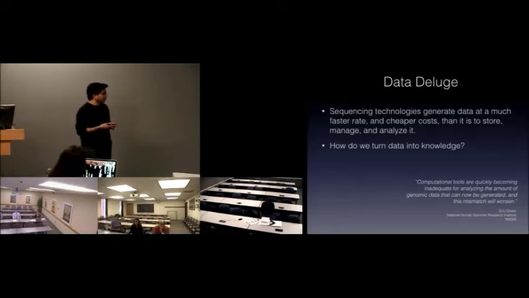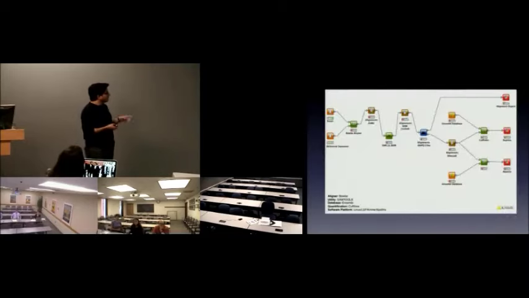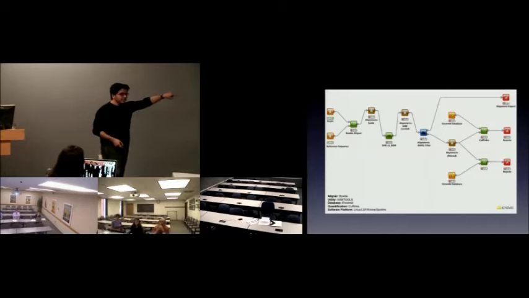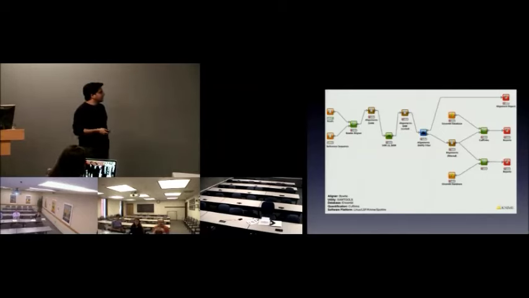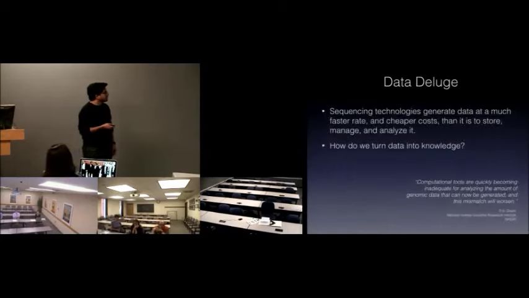But right now, almost all the tools, in fact almost all the stages in there, there's a second green one that's a SAM to BAM. That's a step where we compress the data, because the data is too big. Right, so it's a data deluge. We're getting inundated with data.